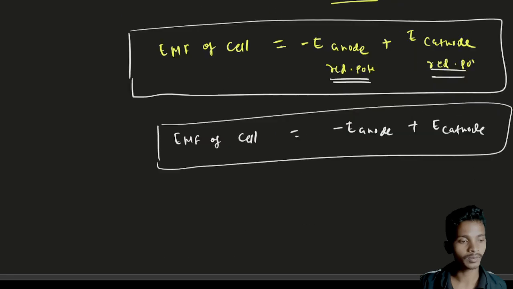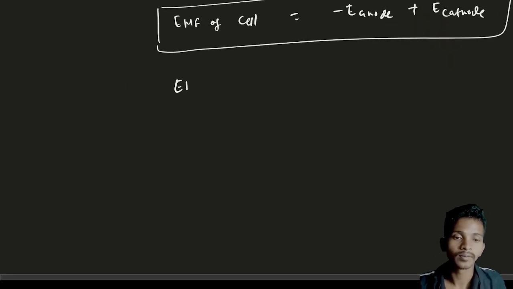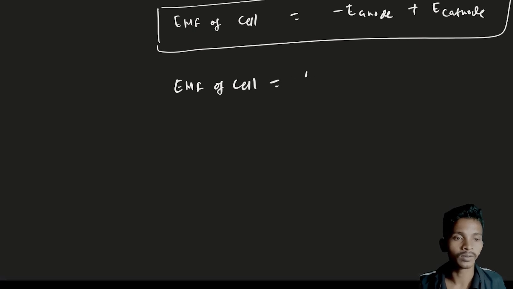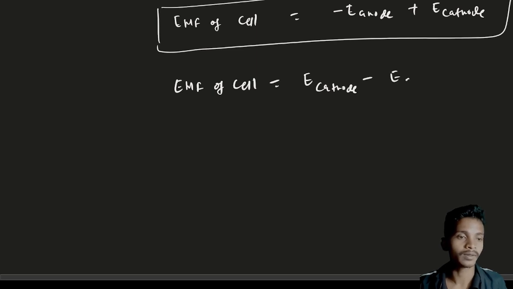So this can also be written as EMF of cell equal to E of cathode minus E of anode.